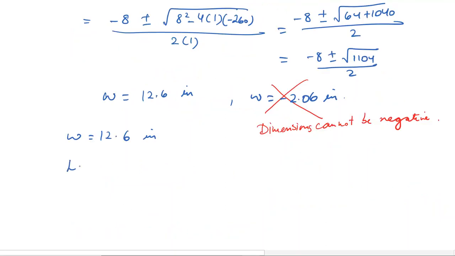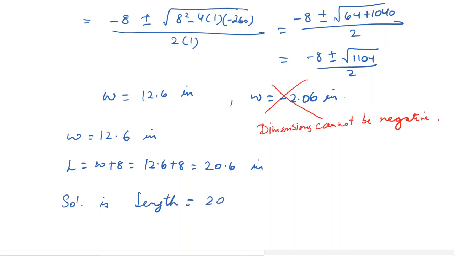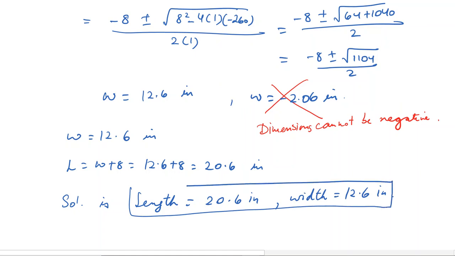Since length is W plus 8, it should be 12.6 plus 8, which means 20.6 inches. Thus, our solution is the length of the rectangle is 20.6 inches and width of the rectangle is 12.6 inches. So this is our solution.